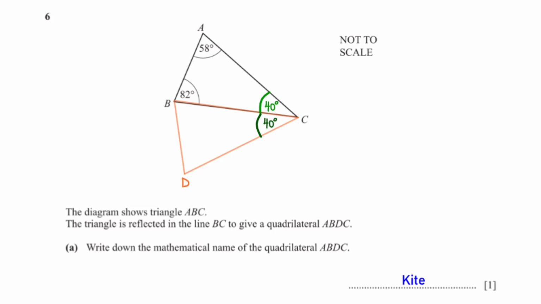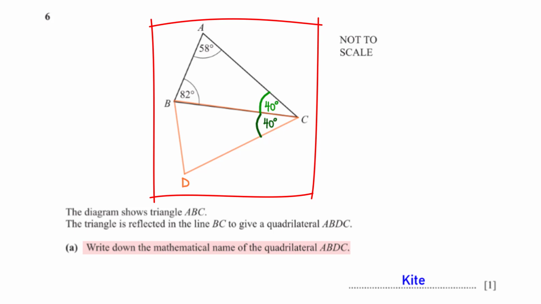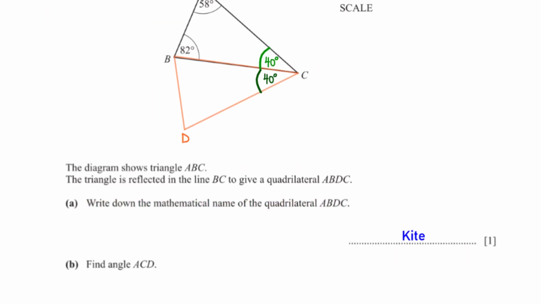The diagram shows triangle ABC. The triangle is reflected in the line BC to give a quadrilateral ABDC. Write down the mathematical name of the quadrilateral ABDC. After reflecting triangle ABC in the line BC, this is how the quadrilateral ABDC looks. This shape is a kite.